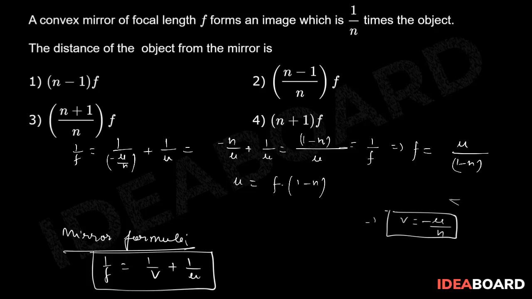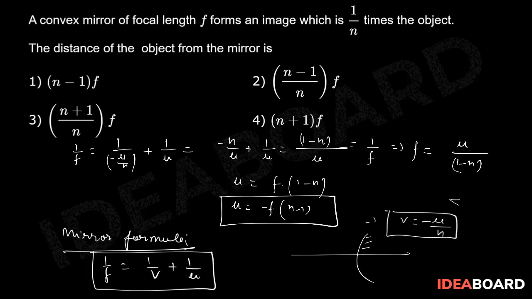So this is the value of u. So let us take negative outside, so this will be n minus 1. We should remember that distance from the mirror will be negative, so u will be negative.